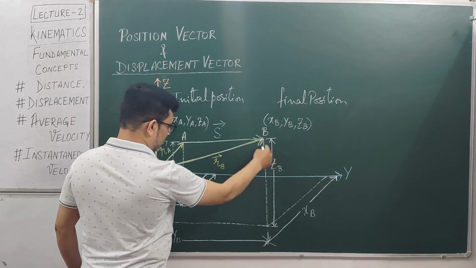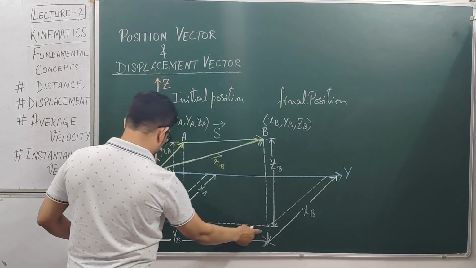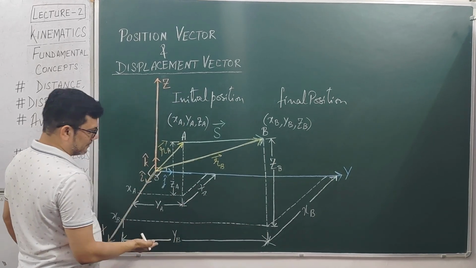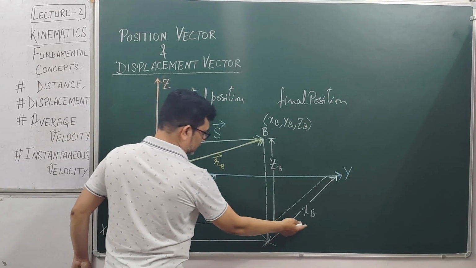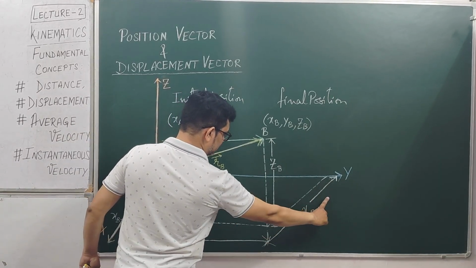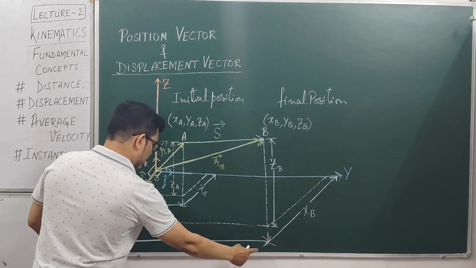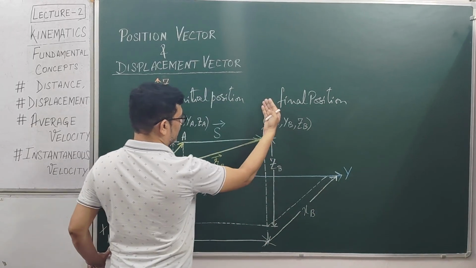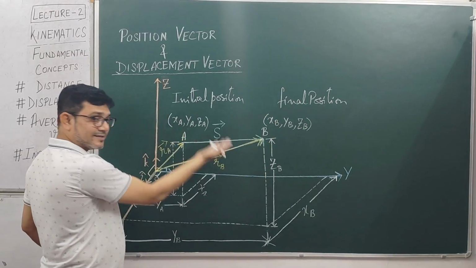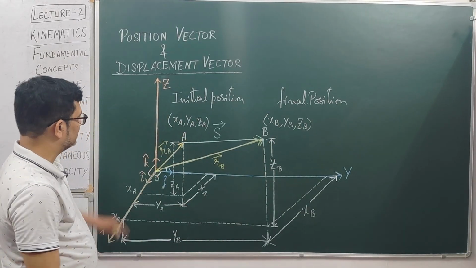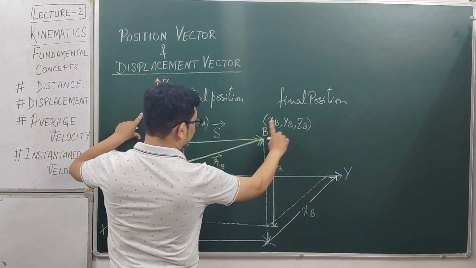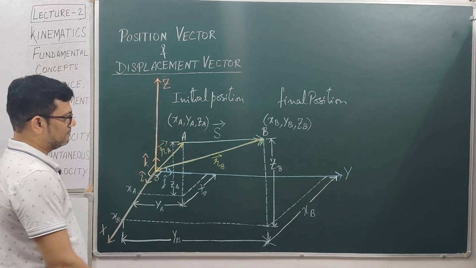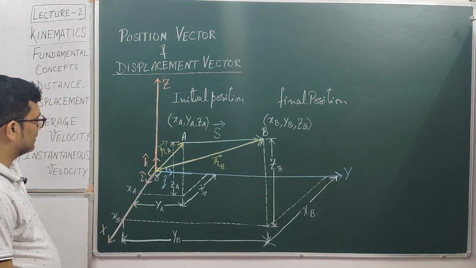If you drop a projection here, it shows on the XY plane again the same thing: this distance from the x-axis is XB, and this is YB. And the one going up above the XY plane, that is the height, is ZB along the Z-axis. These two are parallel. That is how we imagine these projections.